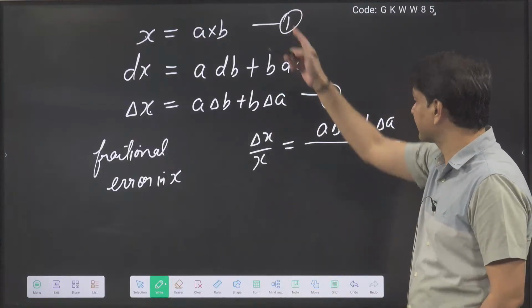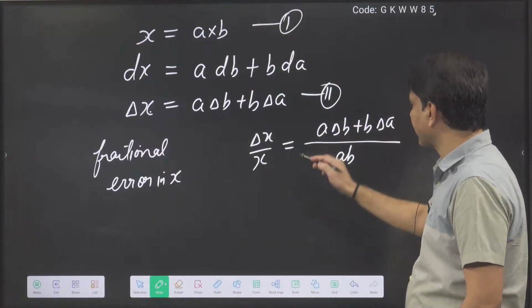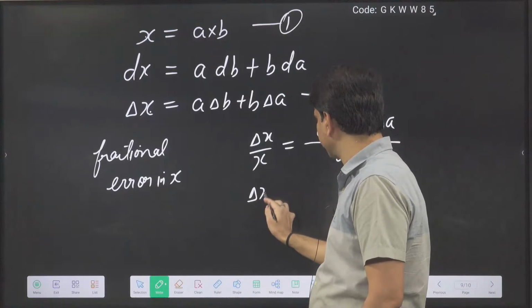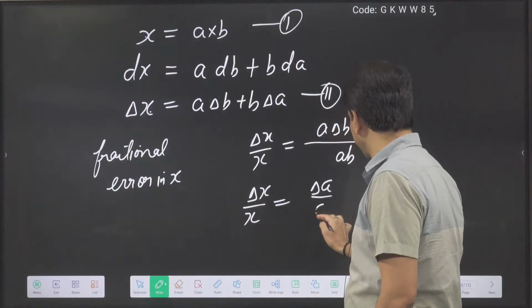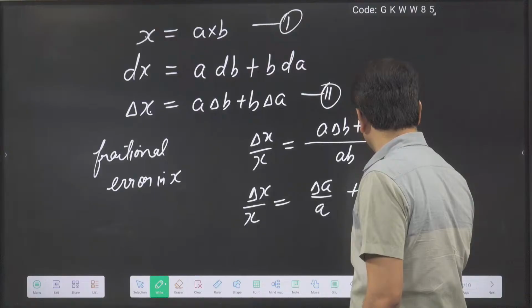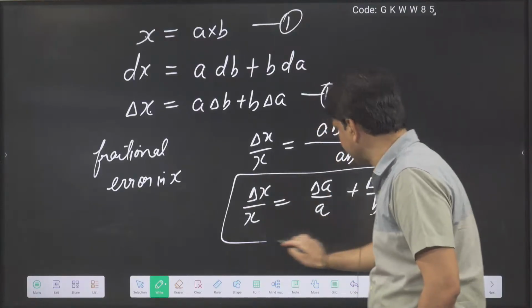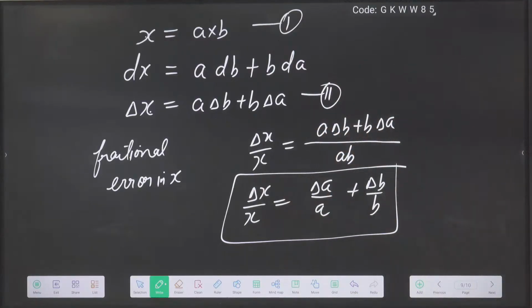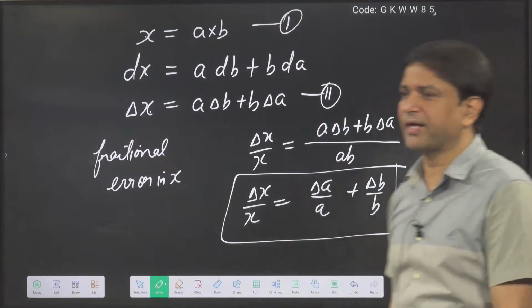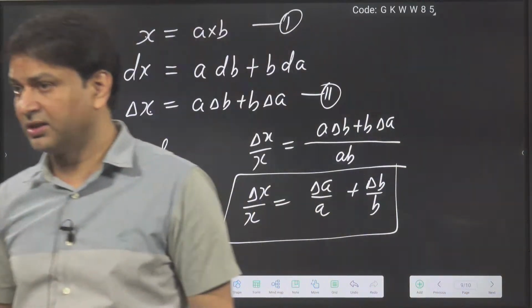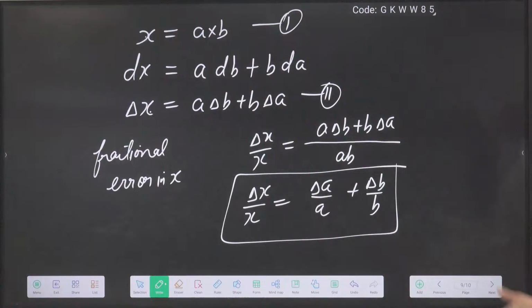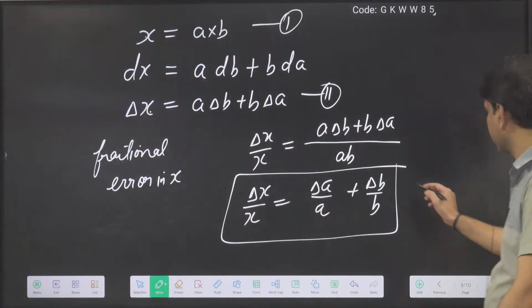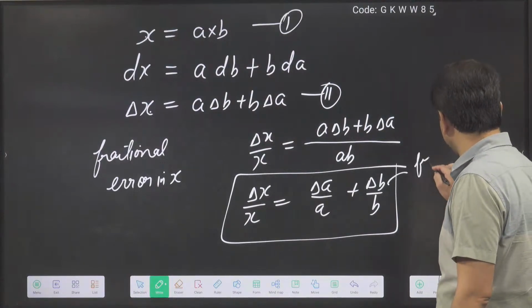What is x? X is AB. After dividing, delta x by x is equal to delta A by A plus delta B by B. Okay, this relation you will get. Delta x by x is the fractional error in x, delta A by A is the fractional error in A, and delta B by B is the fractional error in B.